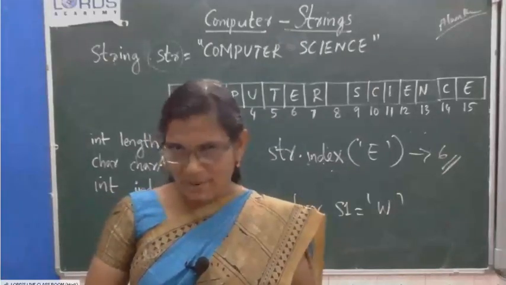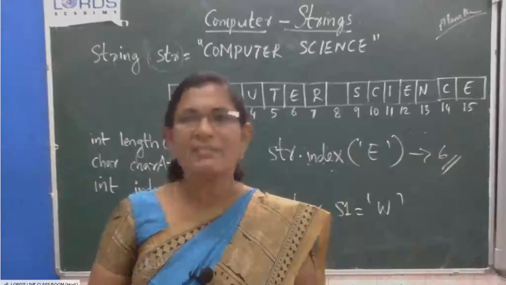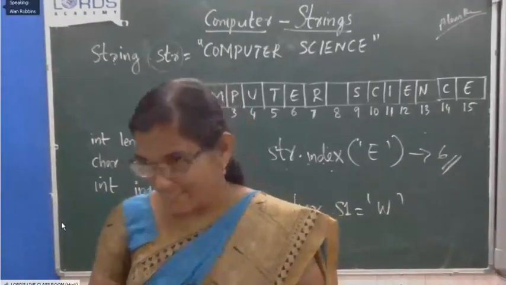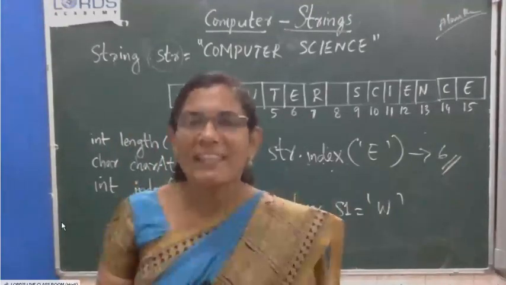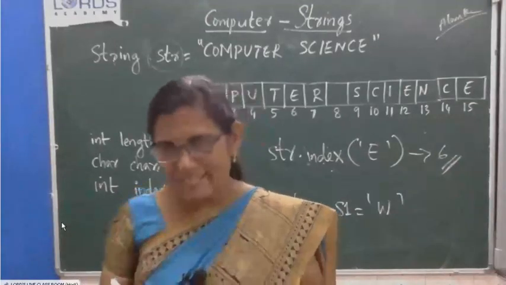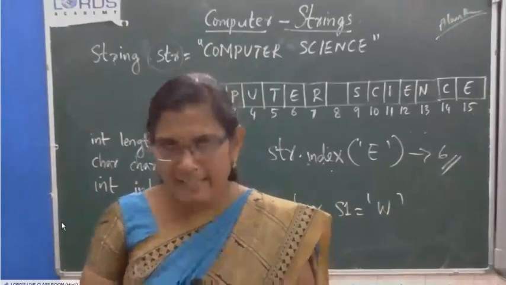Who asked me that doubt? Tell me, who asked? Alan Robbins. You have to revise all the lessons thoroughly. No problem for asking me questions, doubts, but these are all the basics which we studied in 9th standard.